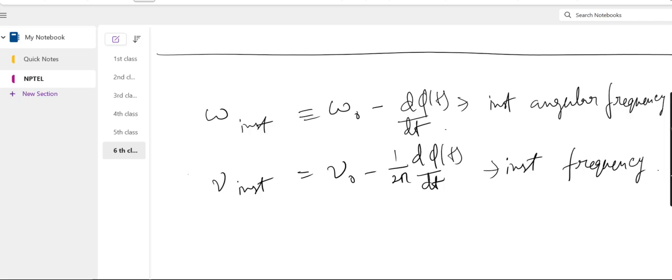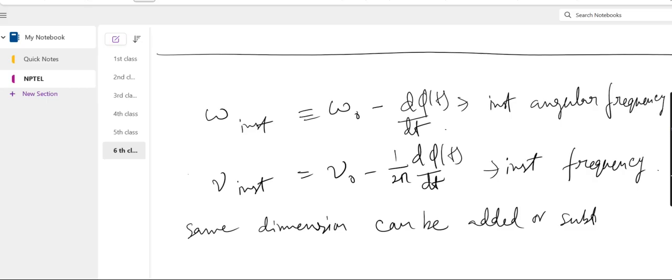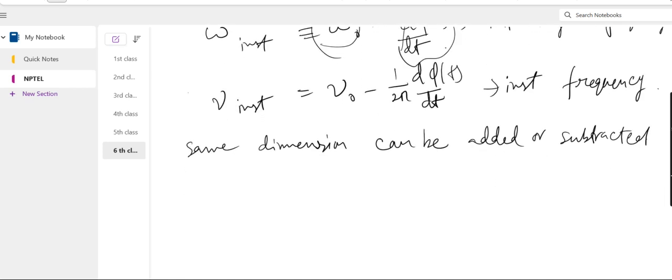Right. So basically we know the same dimension can be added or subtracted. This is the basic rule. So omega naught and d phi by dt have the same dimension. Always remember that.